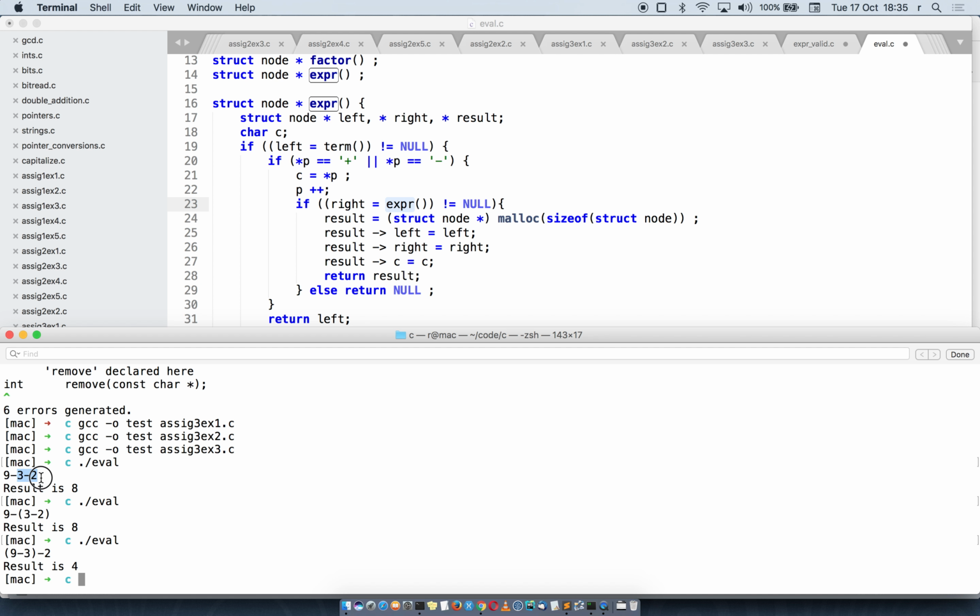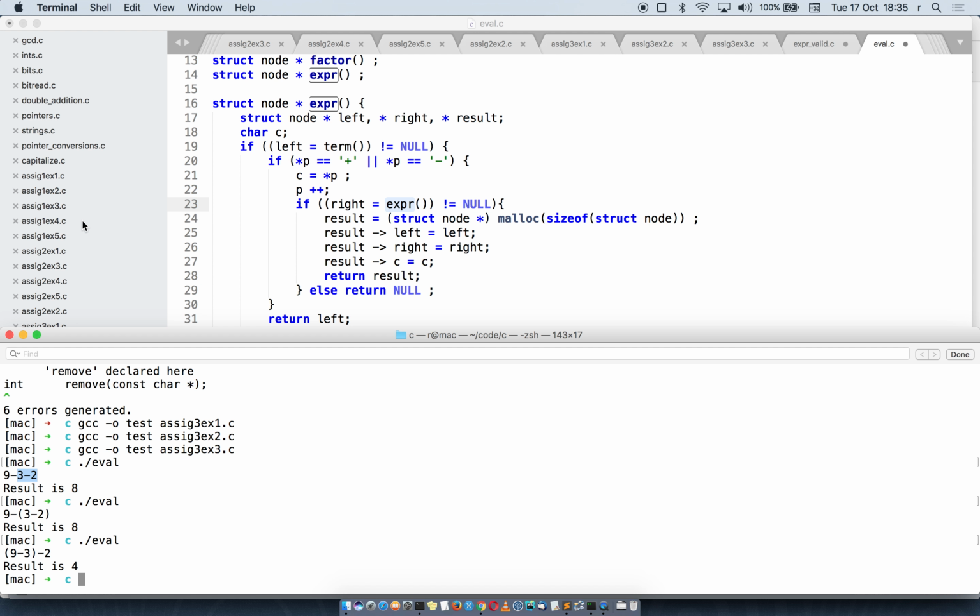an expression, right? Now, when the highlighted part becomes an expression and is converted into a tree, we're going to have minus at the top with the children 3 and 2, right? So minus with 3 and 2 is going to be lower in the tree than the 9 minus, right?